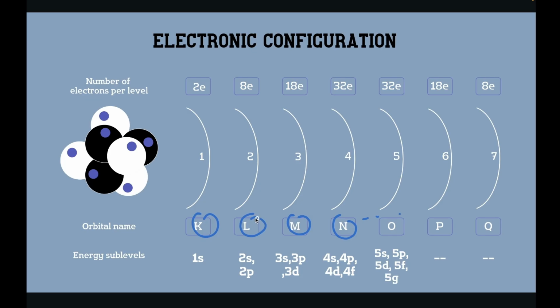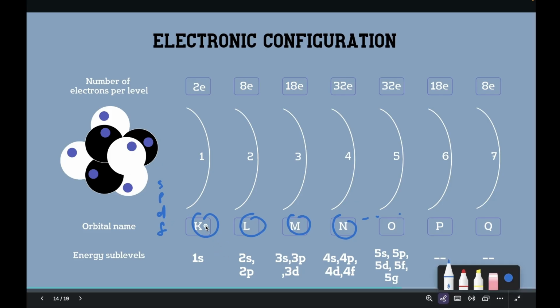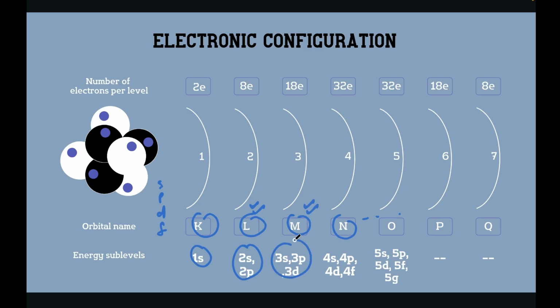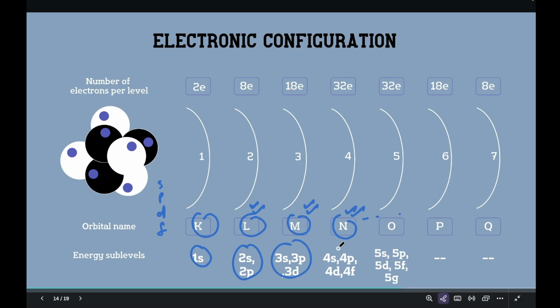These are S, P, D, and F. The number and types of subshells in each shell increases with the value of n. For example, K shell has only one subshell. L shell has two subshells. M shell has three subshells. And N shell has four subshells.